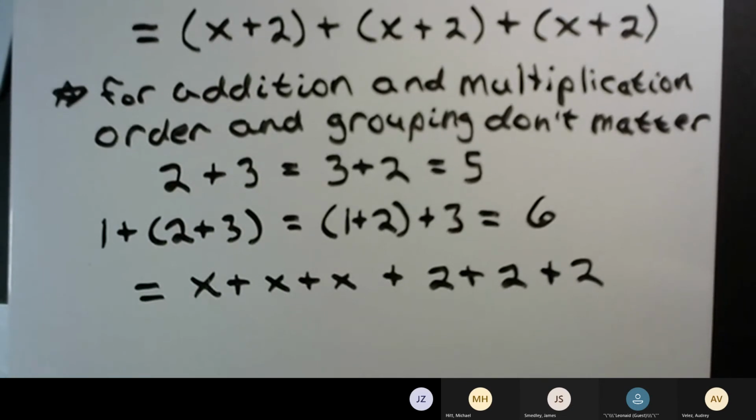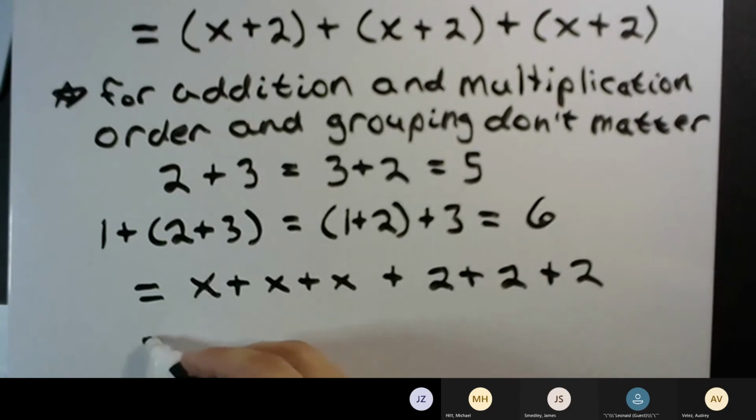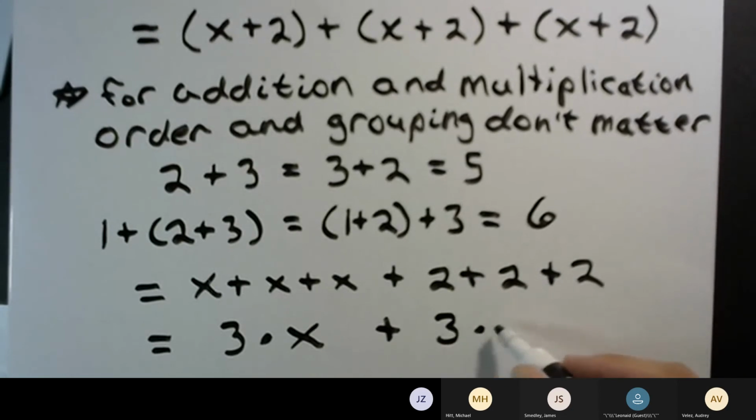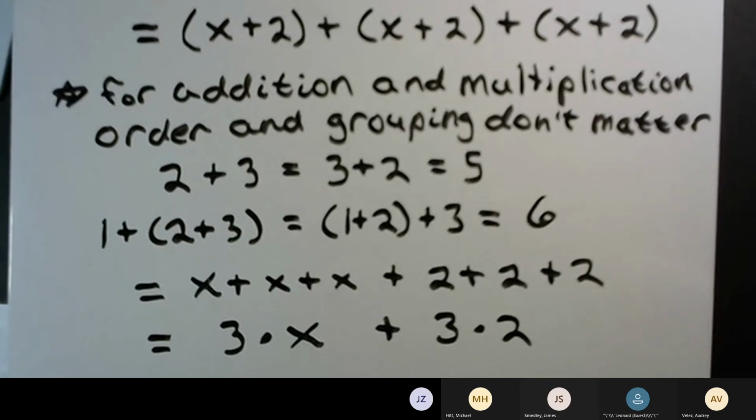And again, only works if you're doing addition or if you're doing multiplication. A little trick that's going to help us out here. Now, how many x's? We have 3 x's. So that's 3 times x. How many 2's? Well, 1, 2, 3. So that's 3 times 2.